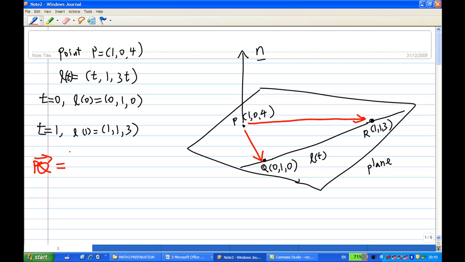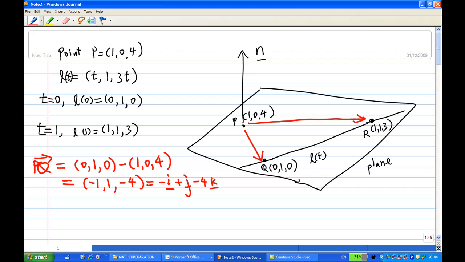The endpoint is Q, (0, 1, 0), minus the beginning point (1, 0, 4). So PQ in this case is (-1, 1, -4), which is minus i plus j minus 4k. This is PQ.